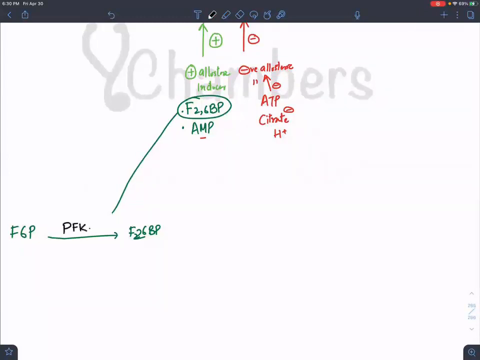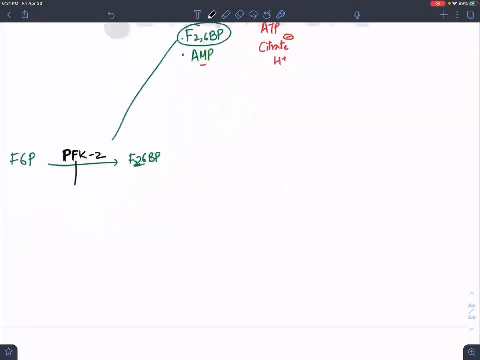phosphofructokinase 2. Guys, this was the confusion I had in my first year. I used to cry on this. Okay, now it's clear. So phosphofructokinase 2 will be converting fructose 6-phosphate to fructose 2,6-bisphosphate. And this enzyme PFK2 is only active in the dephosphorylated state.